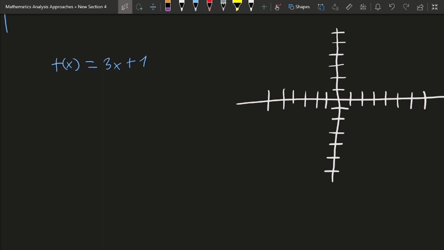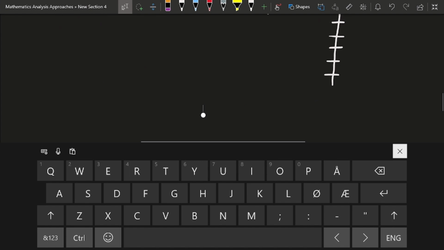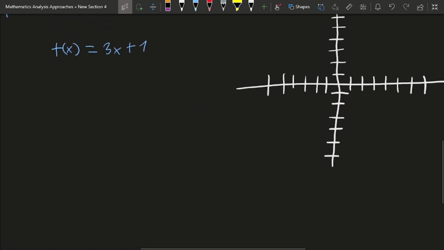To draw a function, in the beginning at least, I would recommend you using a table. So the table would look something like this. Divided into 2, x and y.